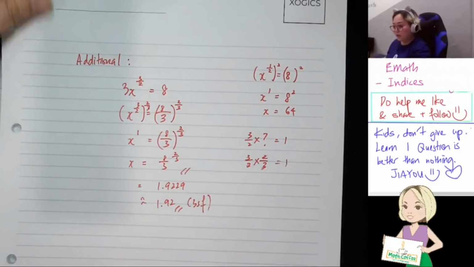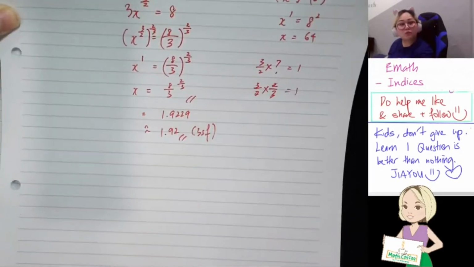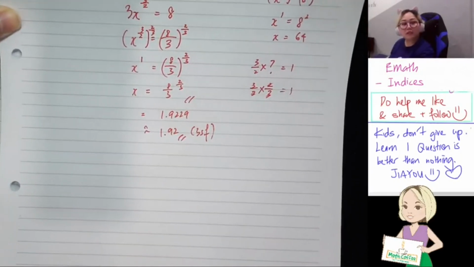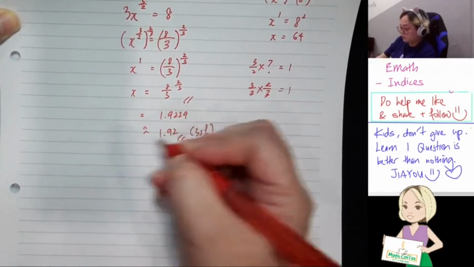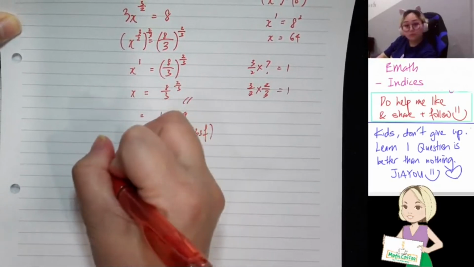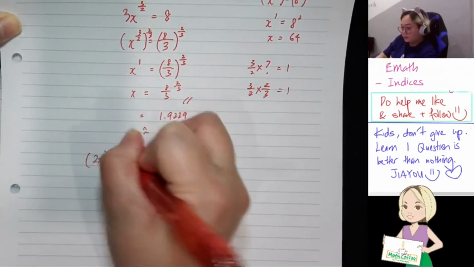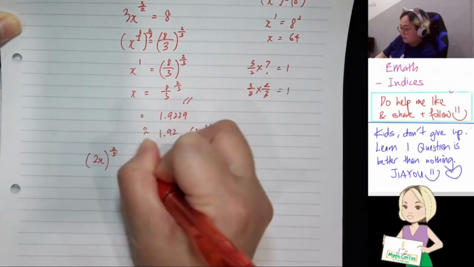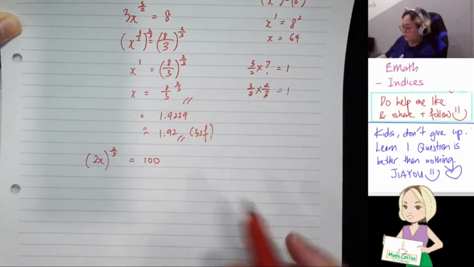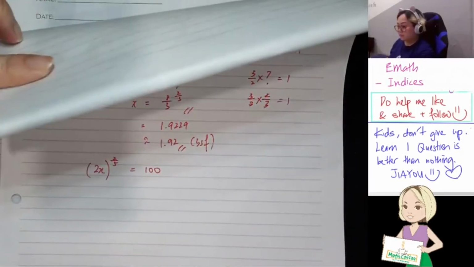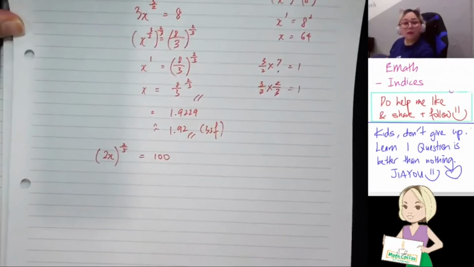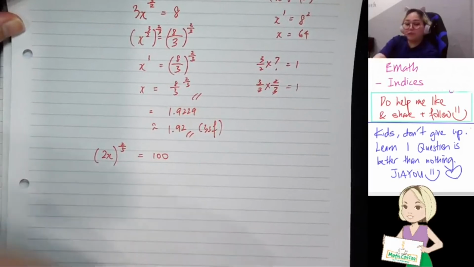Okay, let's try one more question over here. Two more. Okay, this one: 2x to the power of 2/5 is equals to 100. So how do we do this question?